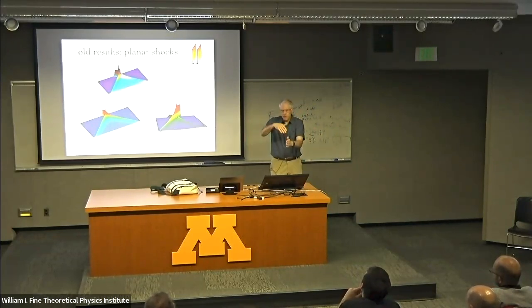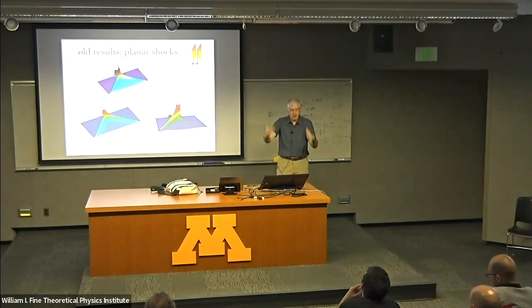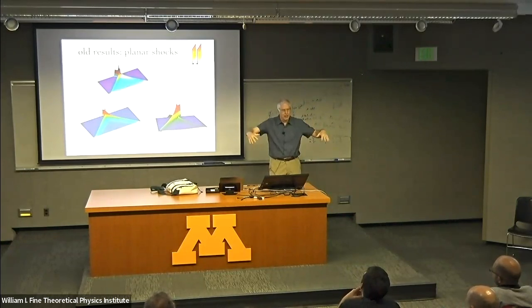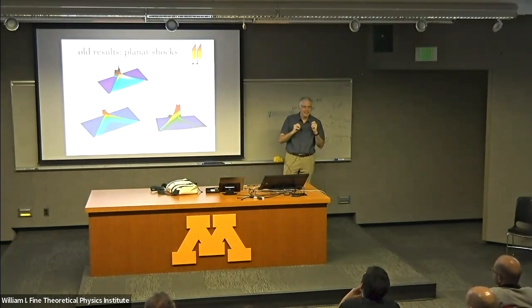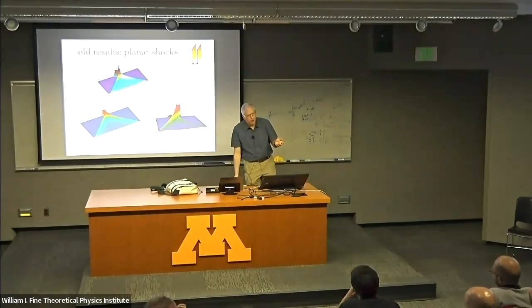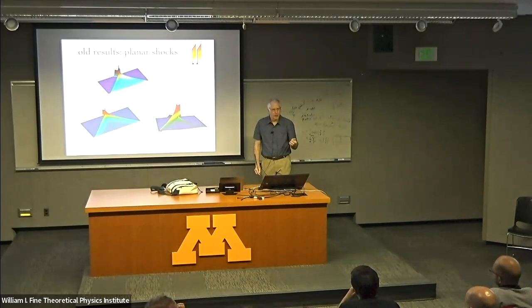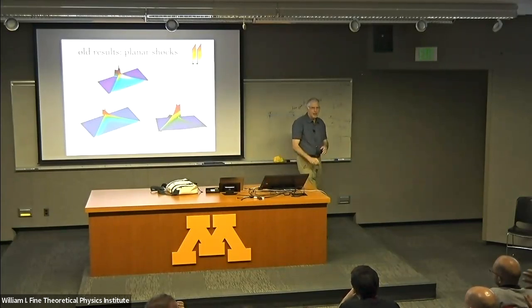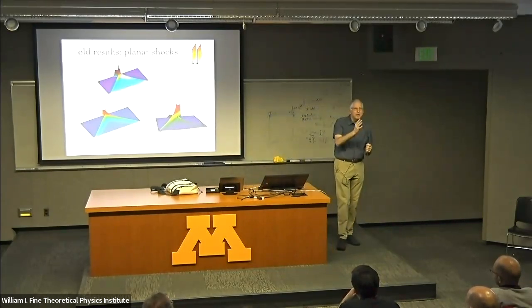I can do it using the holographic dual description, but it's still an honest to God scattering experiment where you've got to talk about initial data, you've got to do the evolution, you've got to see what comes out. And in n equals 4, we have the simplest dual description.